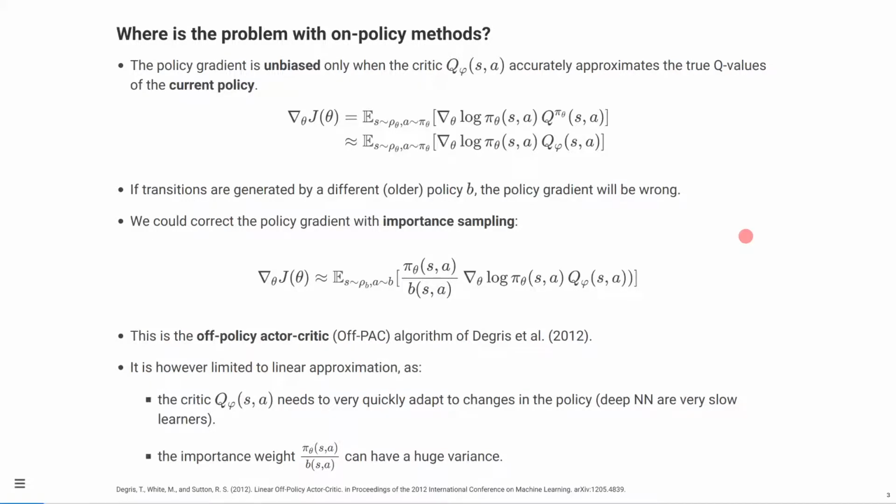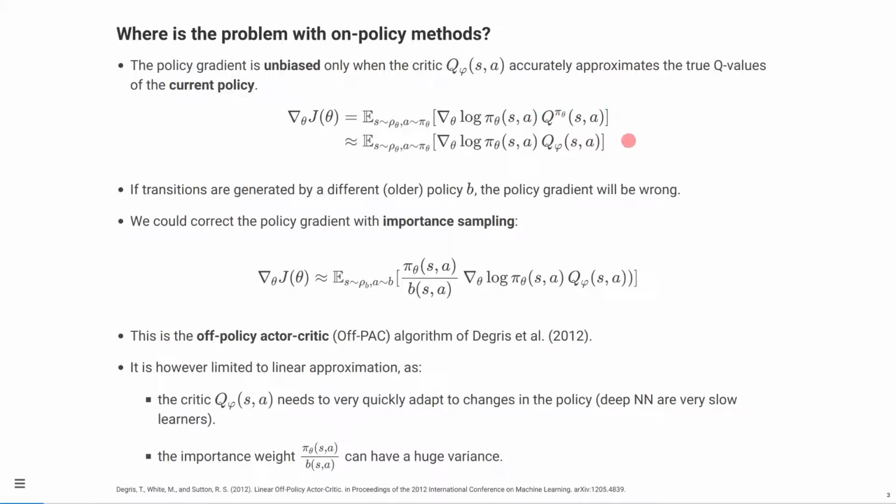So where is the problem with on-policy methods? Why are they so slow? The problem is that the true policy gradient, what we use to train the actor, is defined by this: the expectation over transitions taken by the current policy of the gradient of the log of the policy, times the true Q value of the action. It's really the Q value under the current policy.